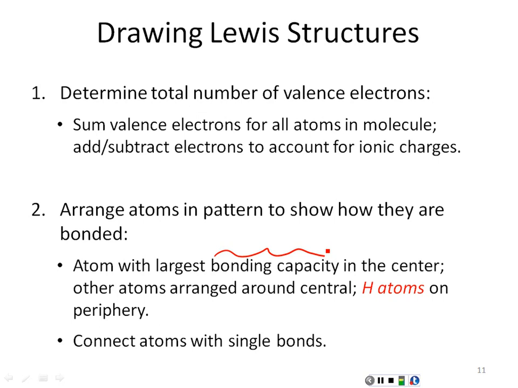So try to stick with looking at bonding capacity, putting the atom with the highest bonding capacity in the center. And again, hydrogen only has a bonding capacity of 1. It is always going to be on the periphery. And then finally, the final part of step 2 would be connect the atoms with single bonds.